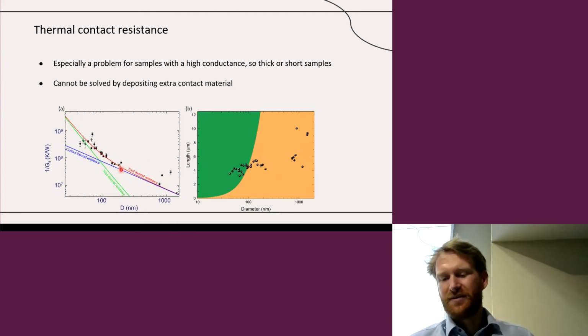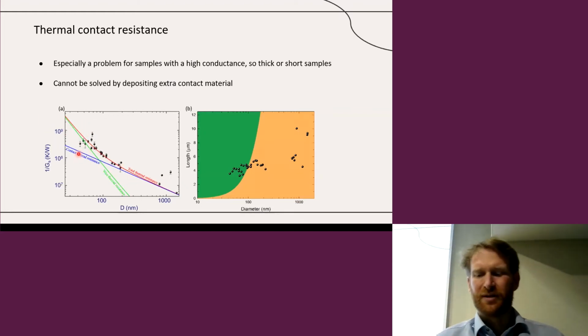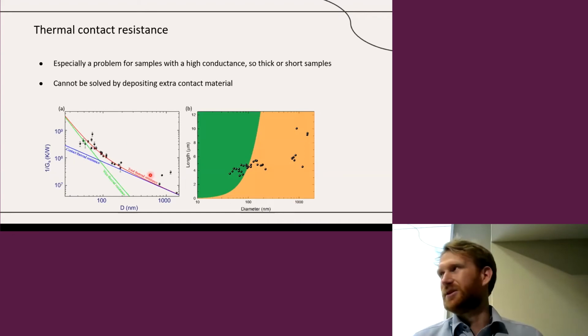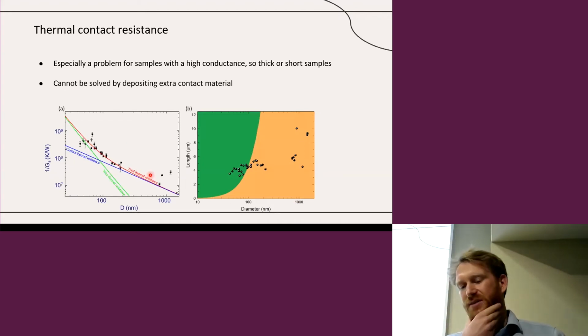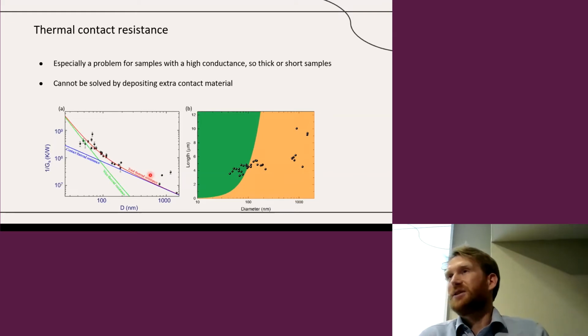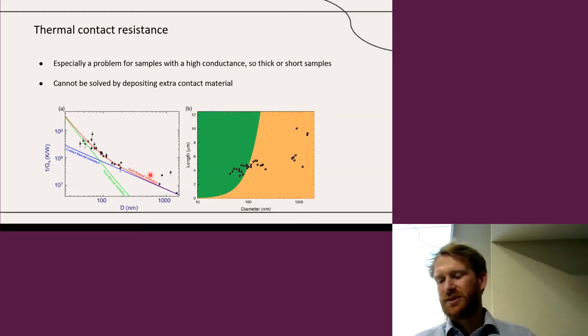Here that's drawn maybe a bit more clearly. The blue line is giving you the contact resistance. The green line is giving you the wire resistance. Then the total is the red line. So you can see for large diameters, you are completely dominated by the thermal contact resistance, and you're not actually measuring the wire properties anymore.